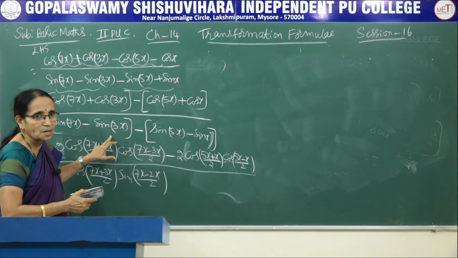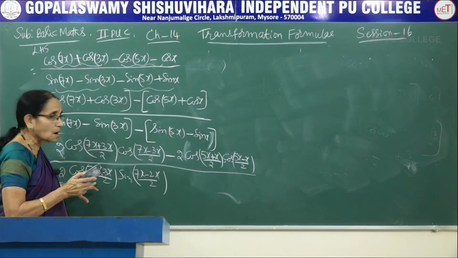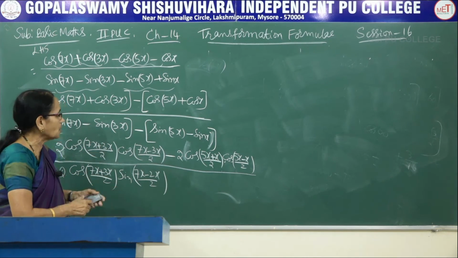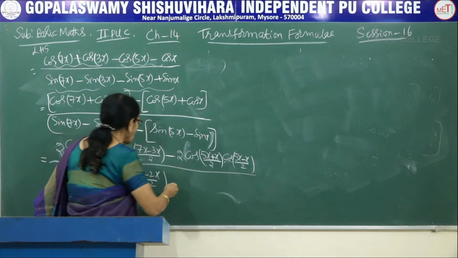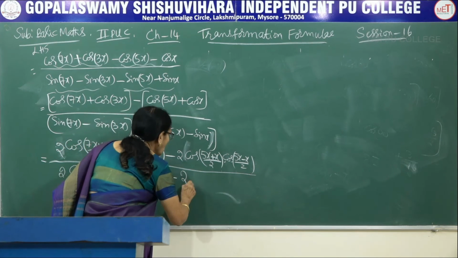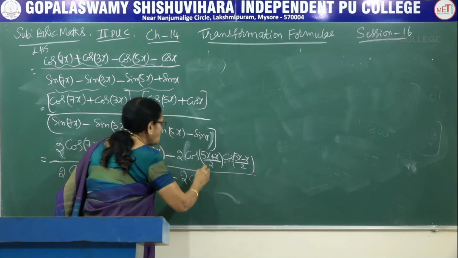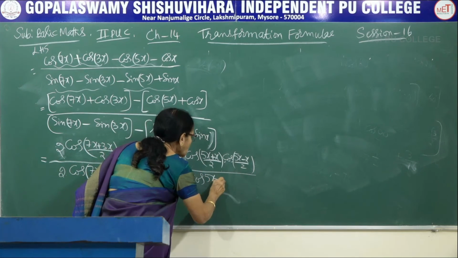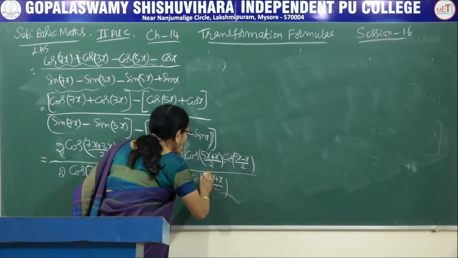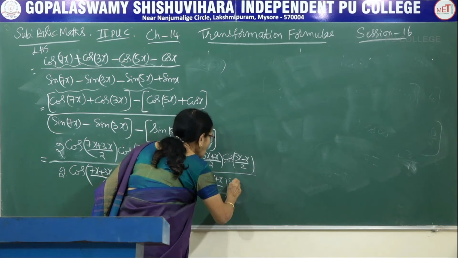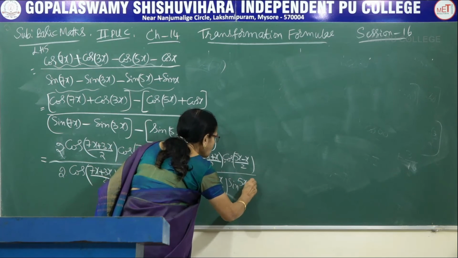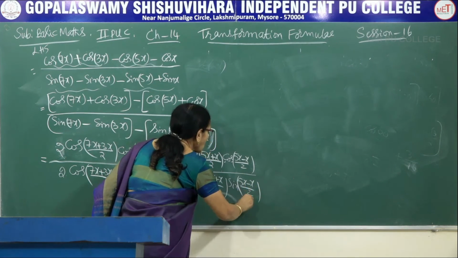Sin C minus sin D, it's a mixed product where cos comes first, sin comes afterwards. The same formula is applicable here also. It is minus 2 times cos of C plus D by 2, 5x plus x by 2 into sin of 5x minus x by 2.